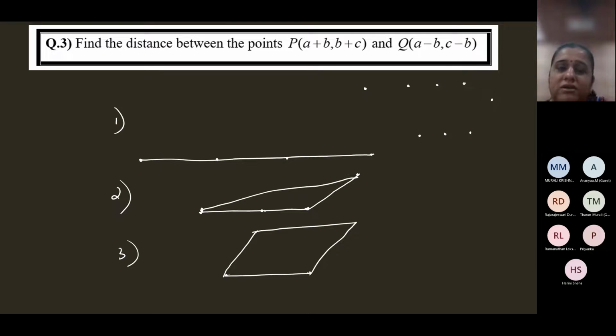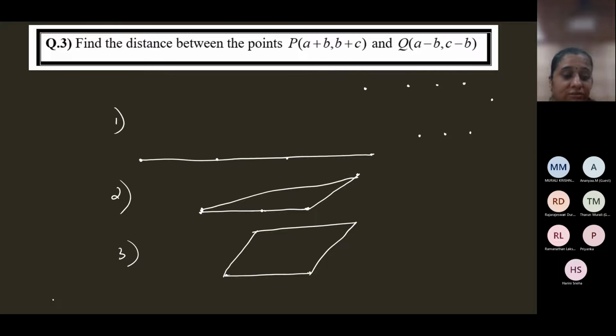So a quadrilateral is a figure formed by joining 4 points in order, of which no 3 points are collinear.